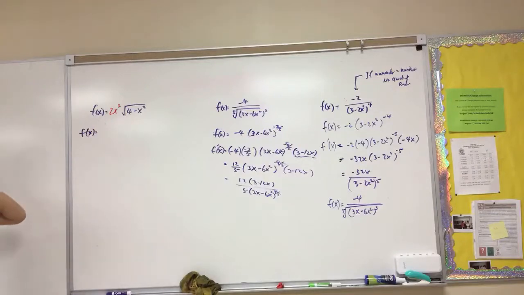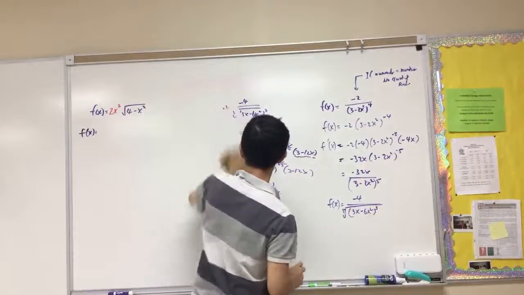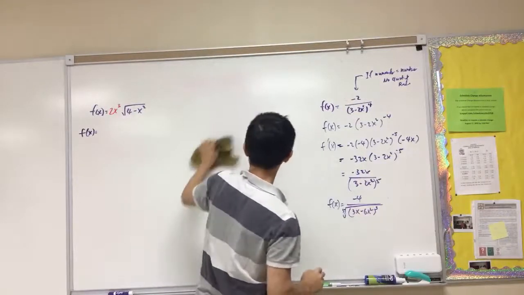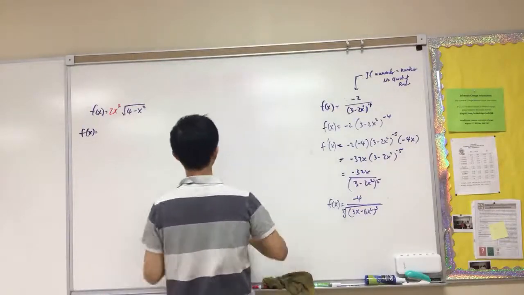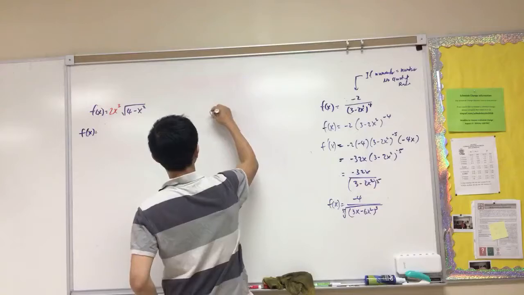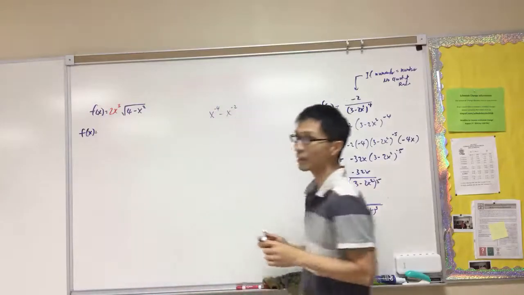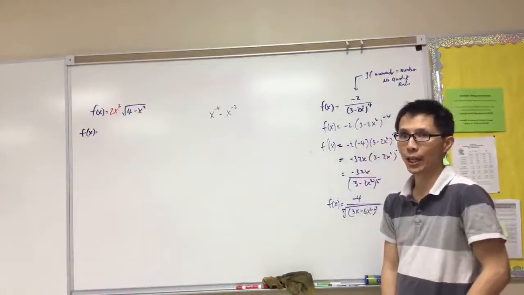Okay, let's talk about algebra though. We're going to talk about algebra for a moment right here. This is the algebra part that you guys don't understand, they didn't teach you here, so we're going to teach you how to factor out something like this: x to the -4 minus x to the -2. This one's factorable, and you usually factor out a GCF.